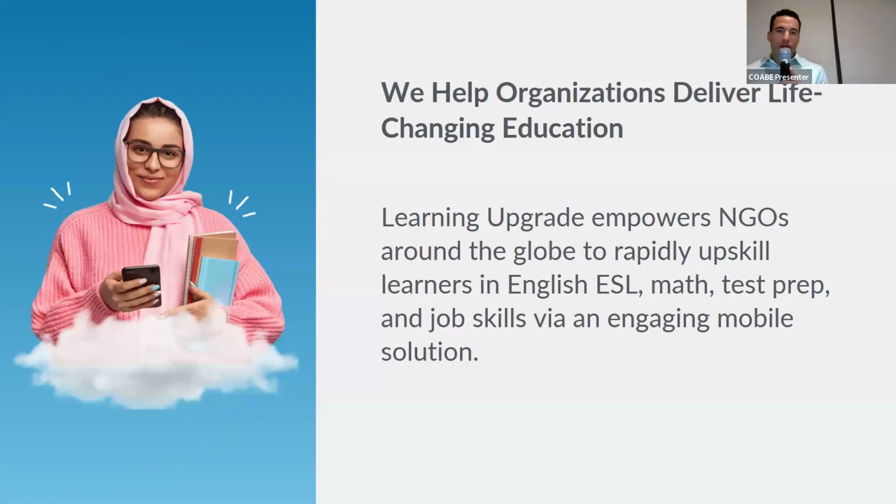For those that aren't familiar with Learning Upgrade, our focus really is just helping organizations deliver life-changing education. That's primarily for adults, but we also work in a lot of K-12 programs. And lately, we've been supporting NGOs around the world. About 7,000 or 8,000 Afghan refugees through the Aga Khan Development Network.